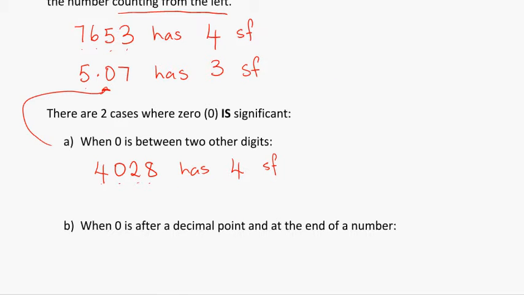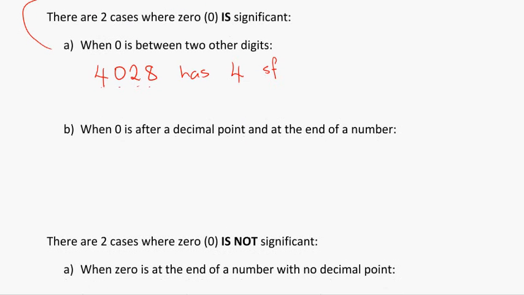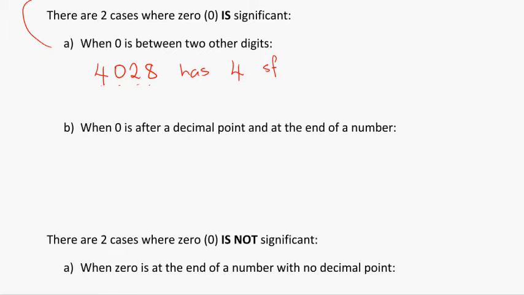Now there's another situation where 0 is counted as a significant figure, and that is when 0 is after a decimal point and at the end of a number. 7.0 has 2 significant figures. 4.30 has 3 significant figures.